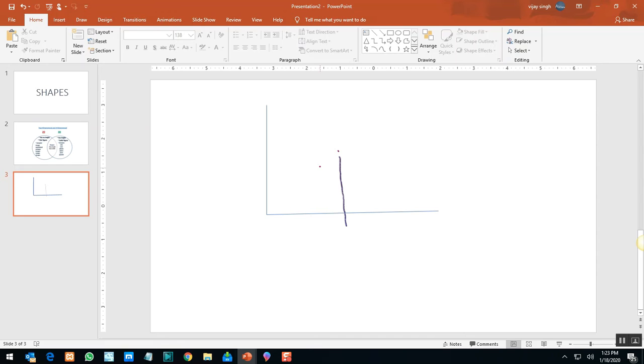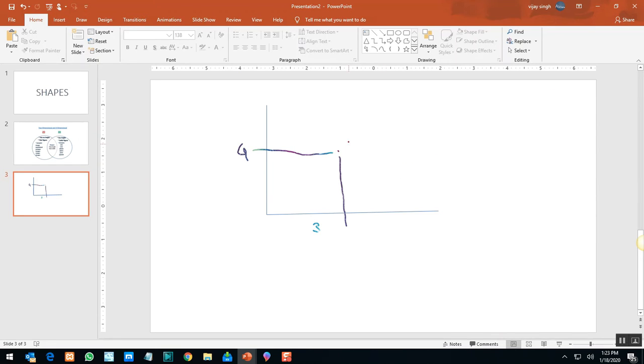From here to here, the distance is, let's say, 3, and vertically the distance is, let's say, 4.